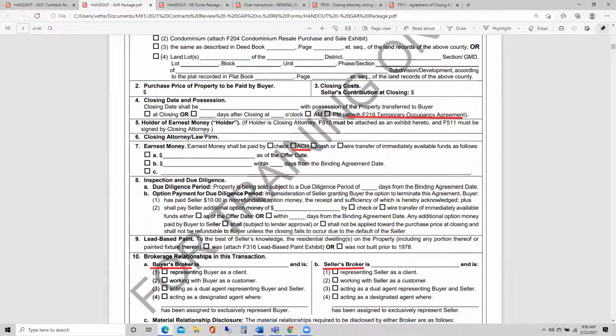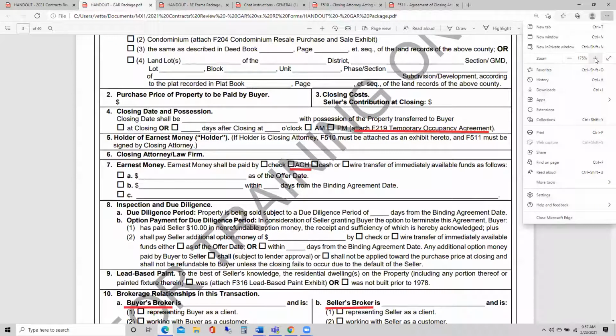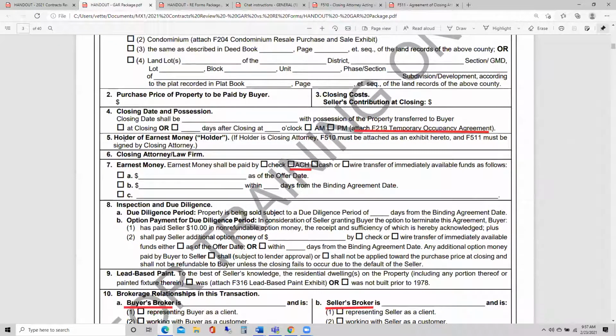So here's where it is in GAR. Holder of the earnest money, paragraph 5. I guess you guys can see that. There we go, a little bit better. If the holder is the closing attorney, F510 must be attached to the exhibit here too, and F511 must be signed by the closing attorney.